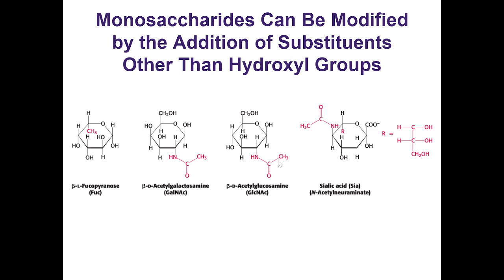Again, this is another acetylamine attached to it. The big difference here being this is glucose, this is galactose. This right here is sialic acid, abbreviated SIA. This R group is this group right here. There's just not room for it. And then this is the acetyl group right here. And then it's an amination because you've attached an amine right here.